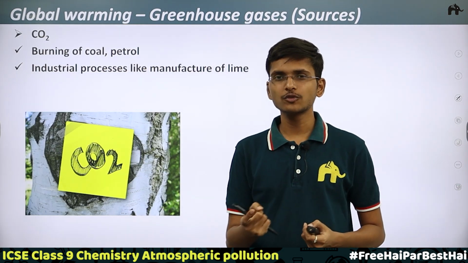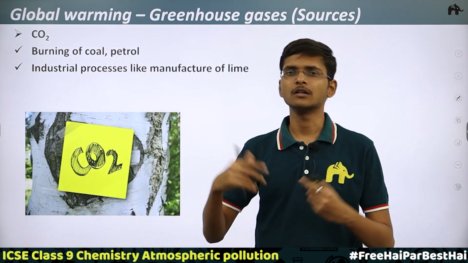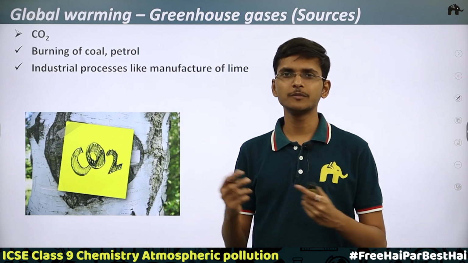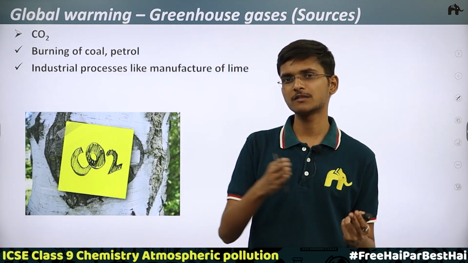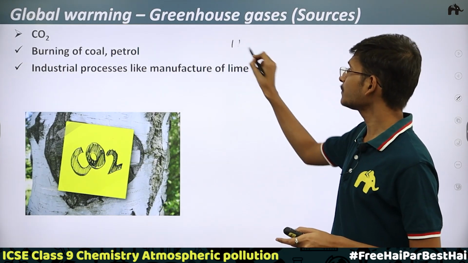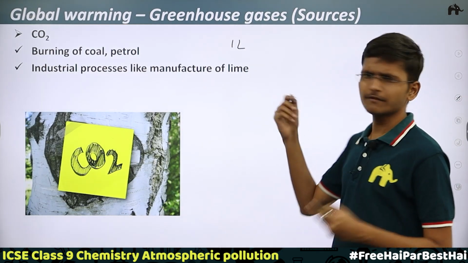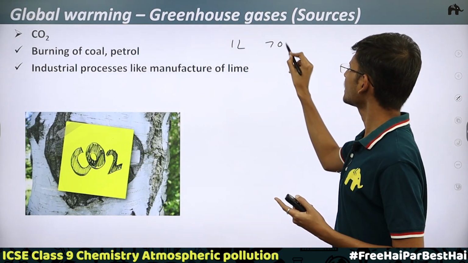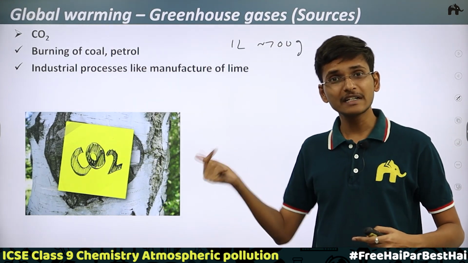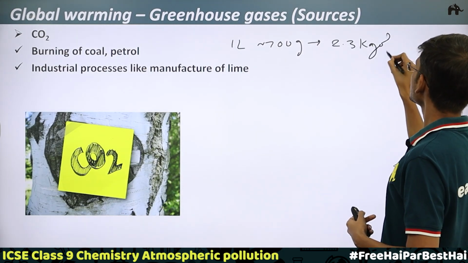It is an interesting fact that some of your parents may have vehicles running on petrol, not EVs. 1 liter of petrol is not even 1 kg, it is roughly around 700 grams. But this 700 grams of petrol creates about 2.3 kgs of carbon dioxide.